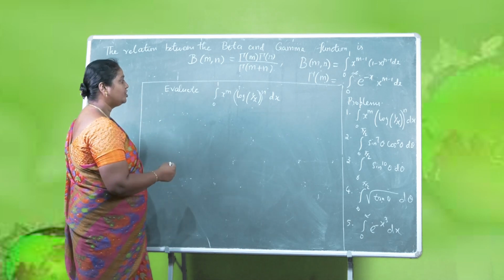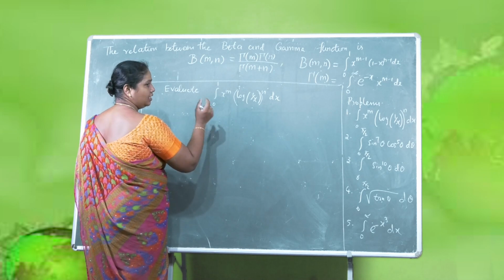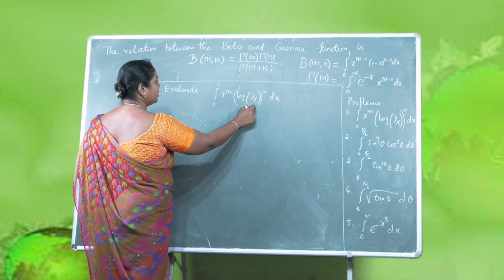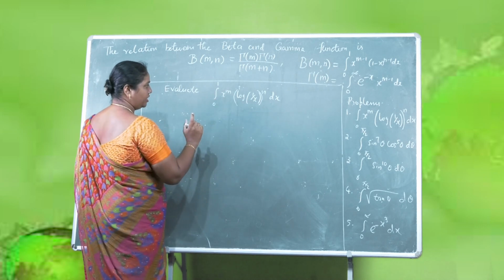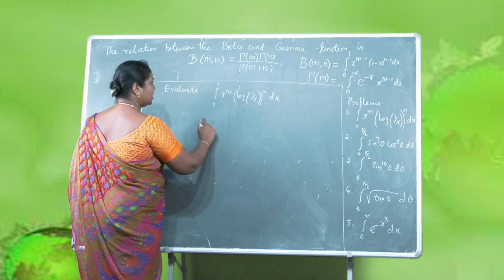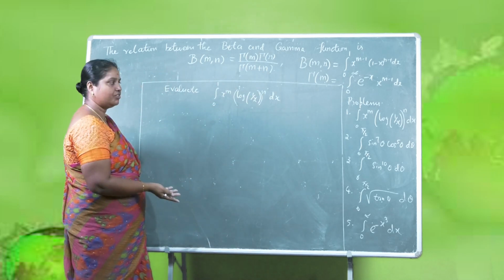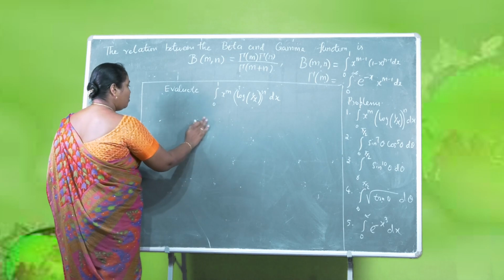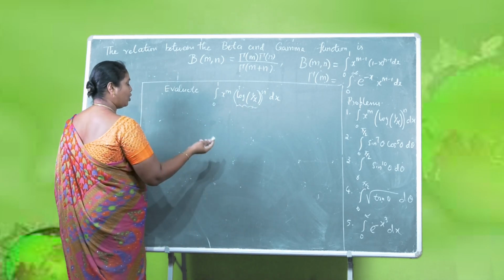So we have to give some substitution to the problematic function. Who is the problematic function here? Log of 1 by x. We give the substitution to this log of 1 by x so that we can convert this integral into a beta or gamma function. Always, in the substitution method, we go for the function which is problematic.